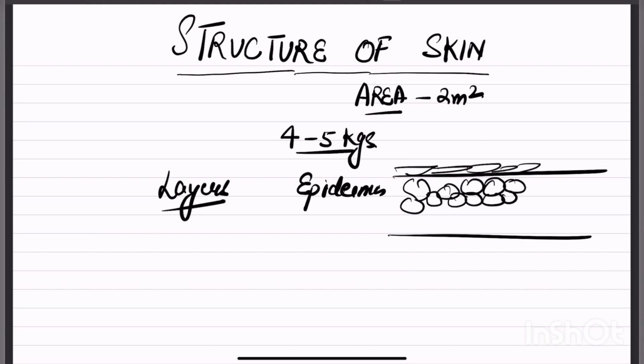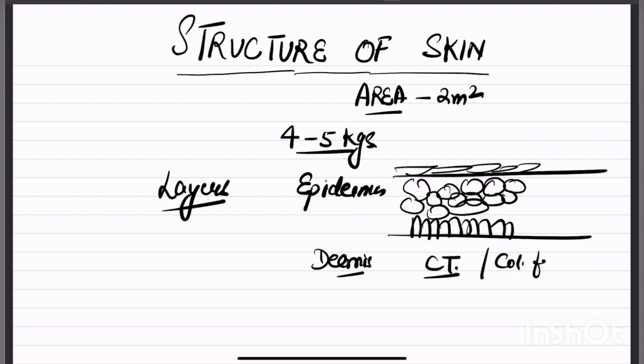This layer is followed by dermis, which is composed of connective tissue, collagen fibers, and blood vessels. This is further followed by hypodermis, also known as subcutaneous fat, and here we have lobules and septa. Lobules are composed of adipocytes and septa is made up of fibrous tissue.